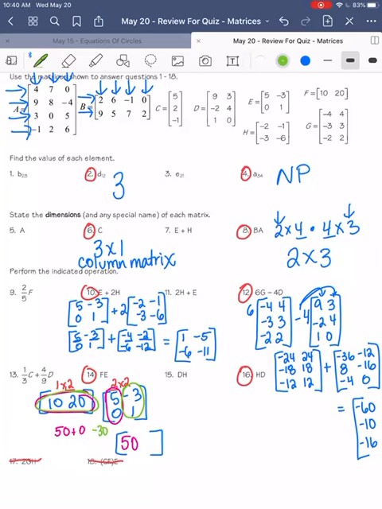So that's 10 times negative 3 is negative 30, and 20 times 1 is 20. That'll give me negative 10. And so there's my answer. Okay, and then number 16 is H times D. So H is a... Sorry, I'm trying to stay consistent with colors.